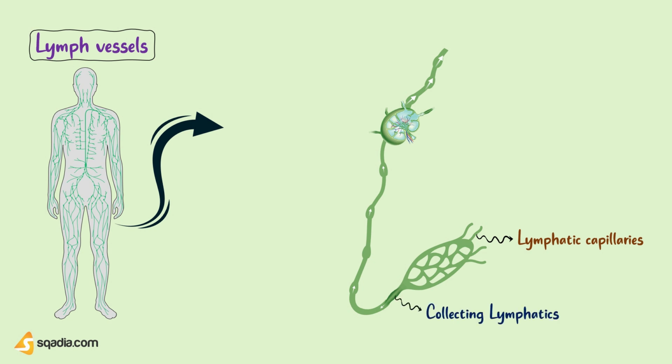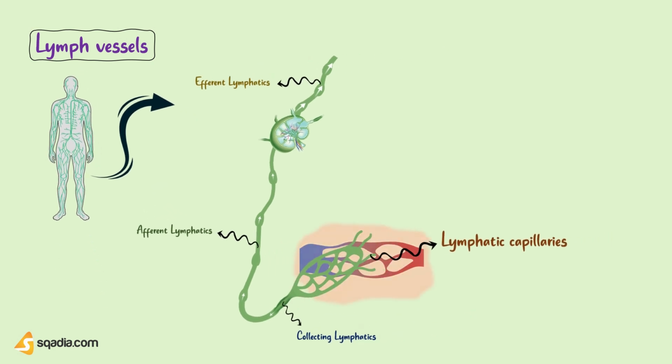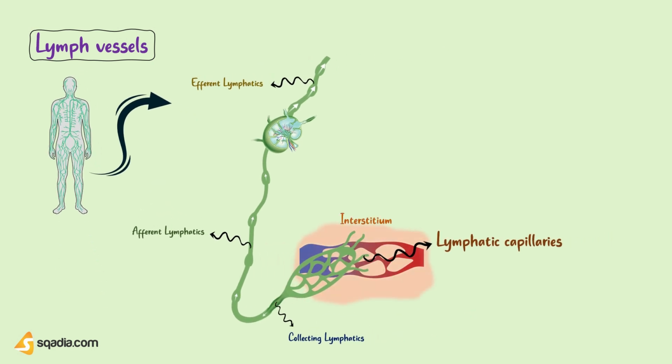And this vasculature is mainly formed of lymphatic capillaries, collecting lymphatics, afferent lymphatics, and efferent lymphatics. I'll discuss each one of them, together with describing the organization of the lymphatic system.